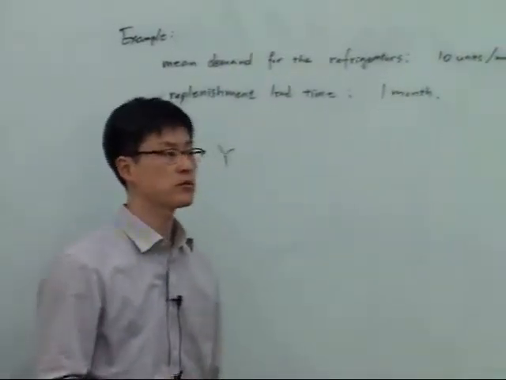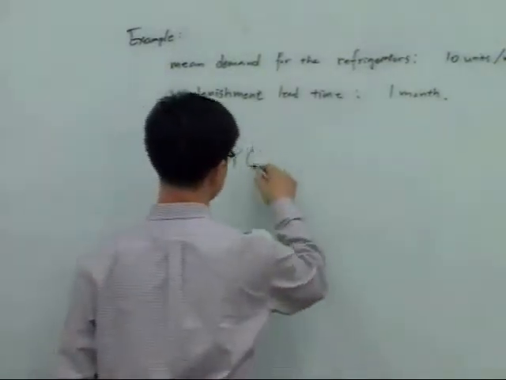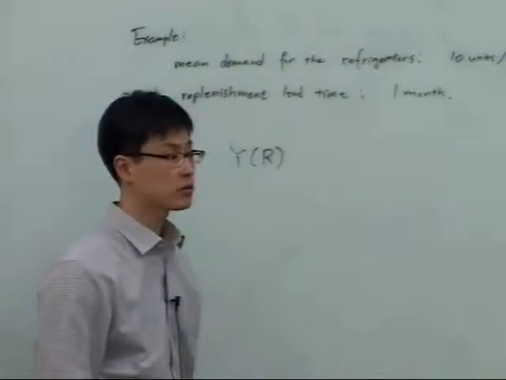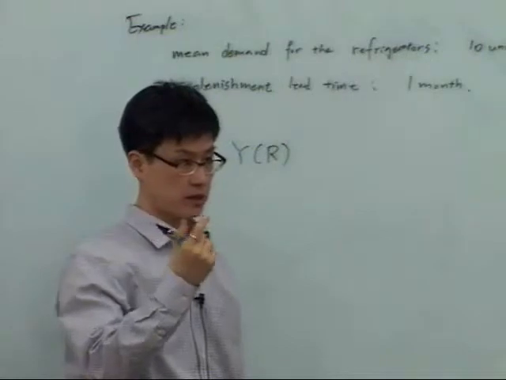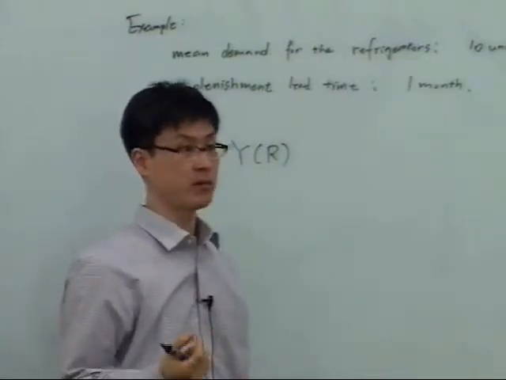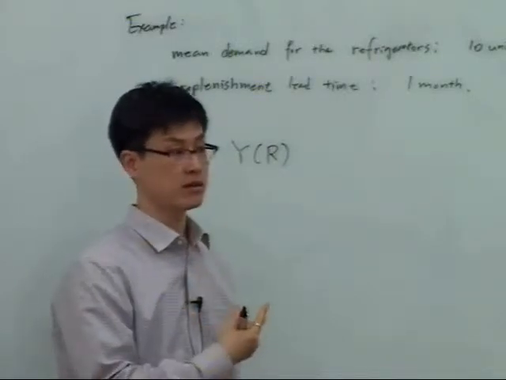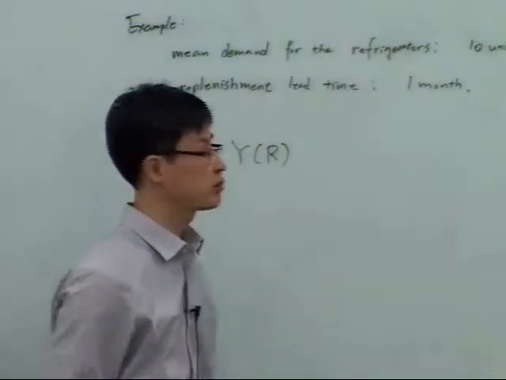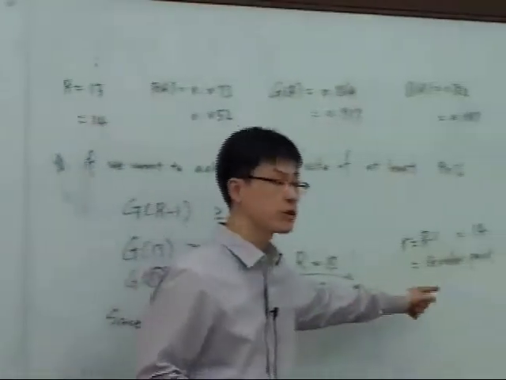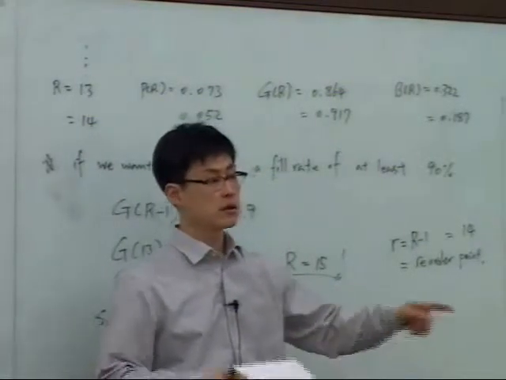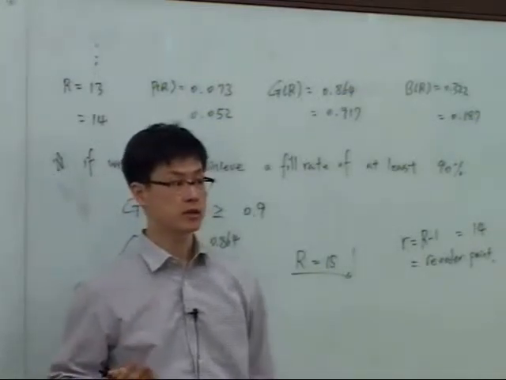Let's go back to good old y function. It's a cost function, the total cost function. In the EOQ model, we calculated the y function of Q, where Q is the economic order size. Now we are going to deal with R, which is very closely related to the reorder point, and thus very closely related to how much stock we should carry.